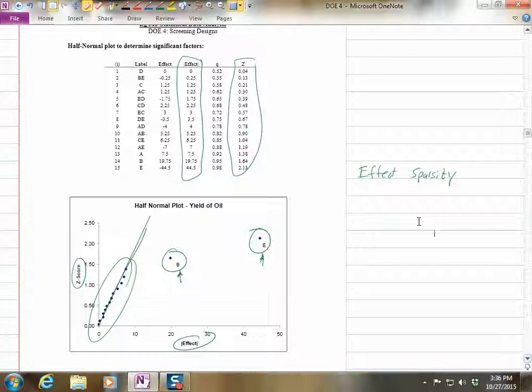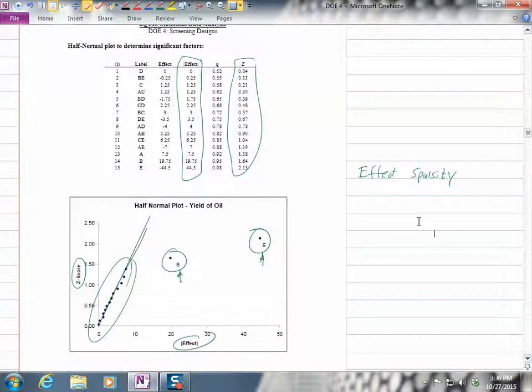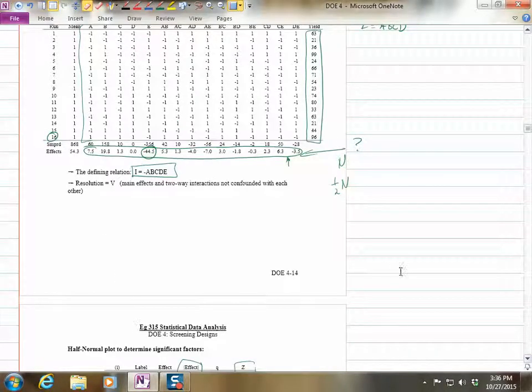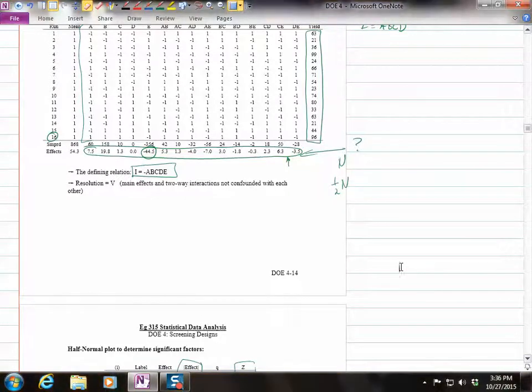A half-normal plot assumes what? The mean is what? Zero, right? That anchors that line at the origin. For effects, that's generally a good assumption. If it's just white noise that's not doing anything, they should have a mean of 0 and be bouncing around 0.